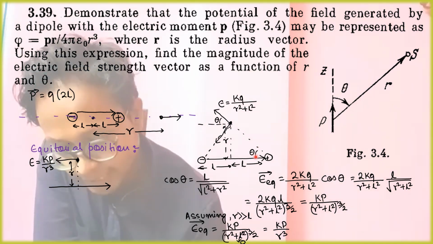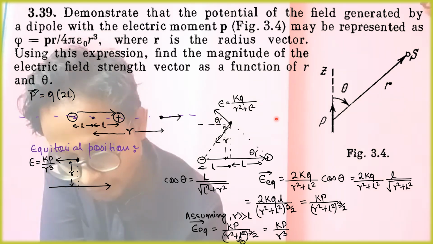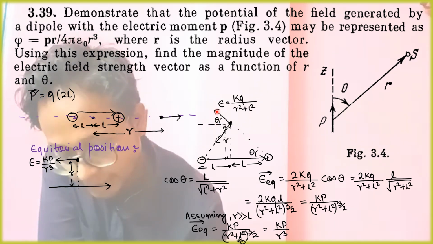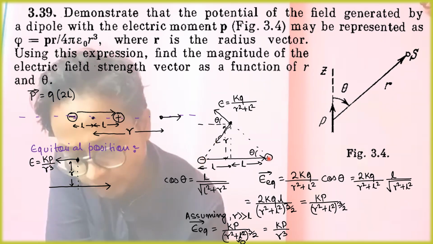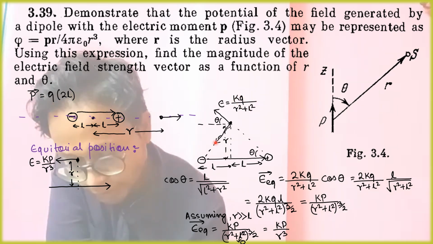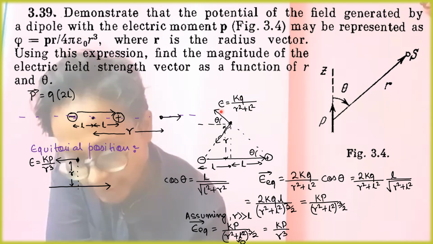If I make this angle theta, this angle is also theta. So the total electric field along this direction would be E cos theta plus this electric field cos theta. Due to symmetry, this charge is also Q, this charge is also Q, so this magnitude equals this magnitude. The total electric field along this direction would be 2E cos theta.